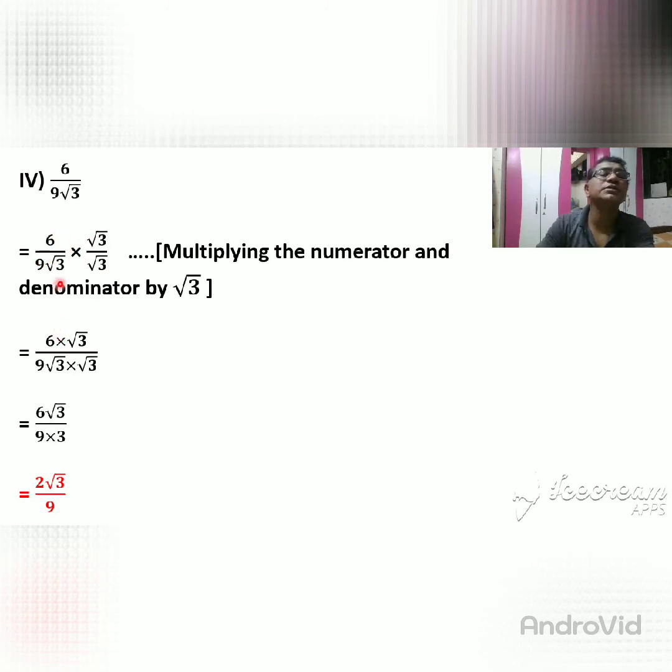So here is 6 into root 3. Then 9 root 3 into what? Root 3. So 6 root 3 remains as it is. 9 is carried as it is. Root 3 into root 3, what you get? 3. So 3 1s are 3, 3 2s are 6. So you get 2 root 3 divided by 9. Anyone doubts? I hope that all the problems you understand.